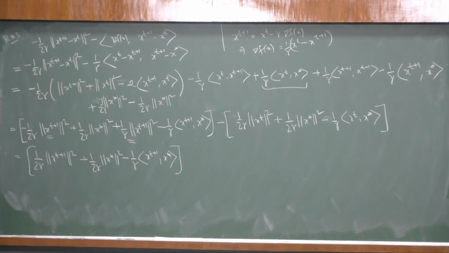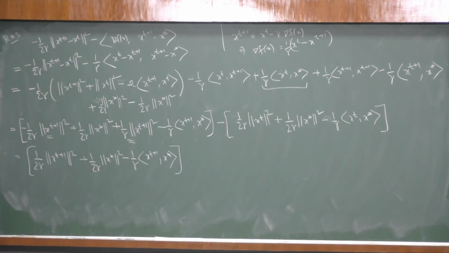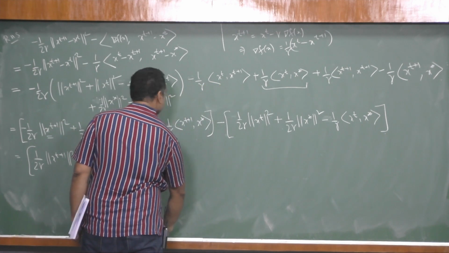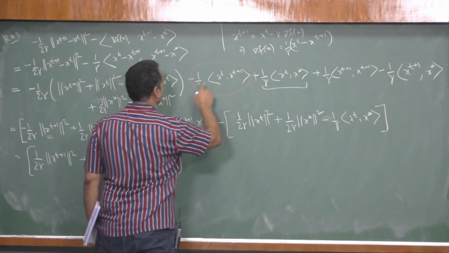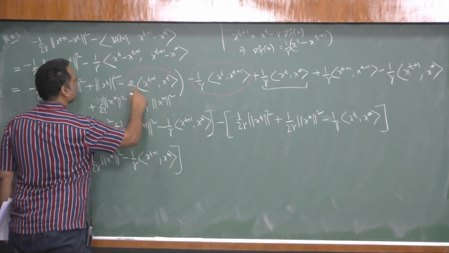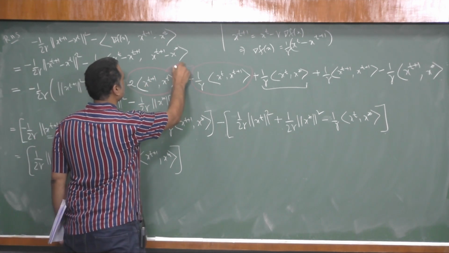Now the question is, remaining terms should vanish somehow. The terms like xt plus 1 xt, right, were never used here, so they should somehow get cancelled. So let us look for that. Xt plus 1 xt is here, right. So this does seem to get cancelled, because this is 1 minus 1 by gamma xt plus 1, and this term, if you see, is minus 2 gets cancelled. And then minus minus becomes plus. So these guys get cancelled.